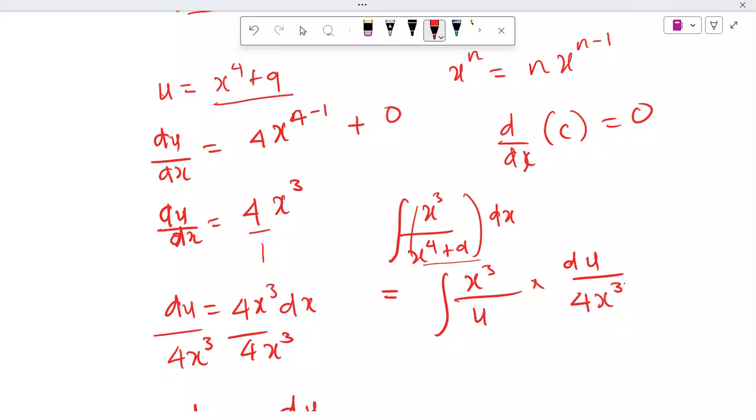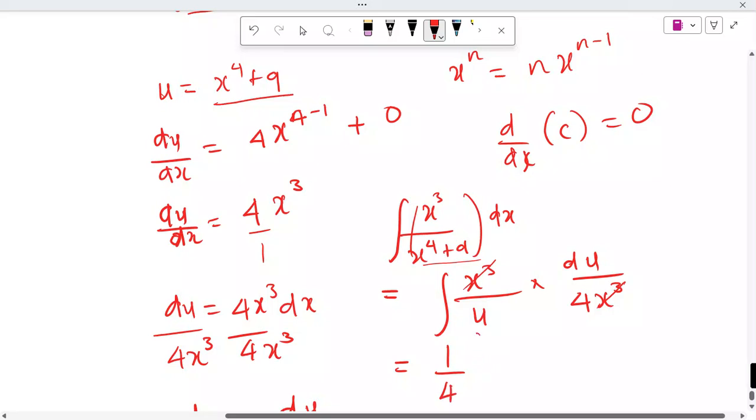So x to the power 3 and x to the power 3 cancel out, so we'll have 1 over 4, we'll take it outside, 1 over 4 integral 1 over u du.